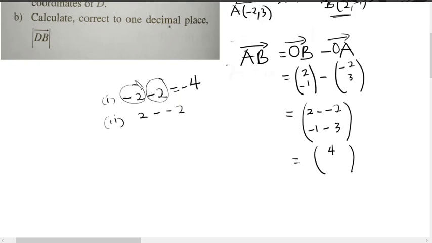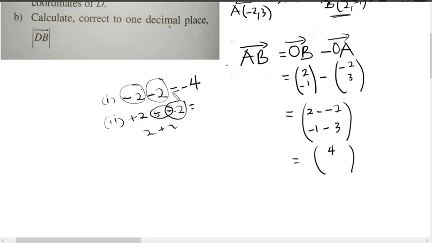Now, if you look at 2 minus negative 2, the negative sign does not affect the first 2. This 2 is positive. The negative sign is affecting the negative 2. So when a negative sign affects another negative, it negates it and turns the whole thing positive. So here it will be 2 plus 2.